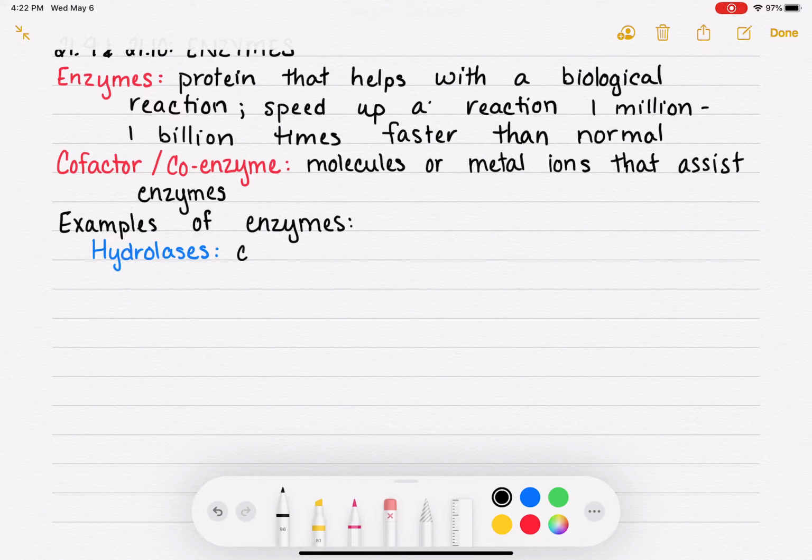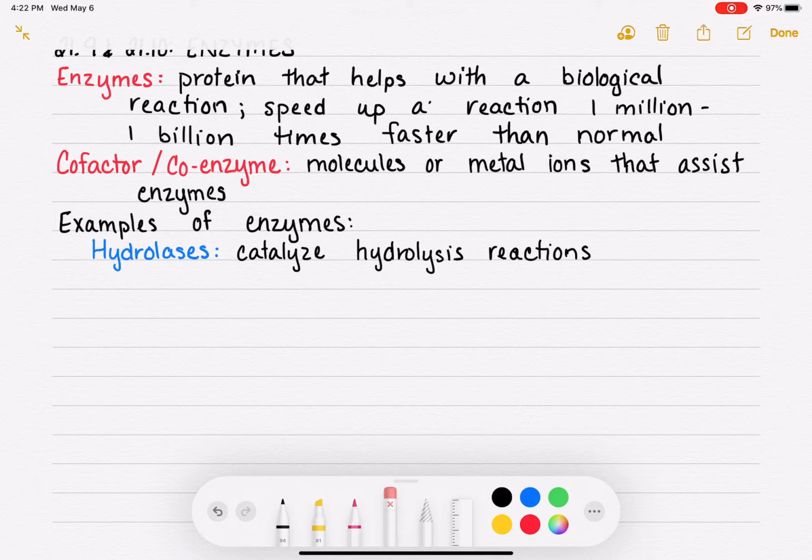Hydrolases are enzymes that catalyze hydrolysis reactions, like the hydrolysis of a protein, or the hydrolysis of a disaccharide, or the hydrolysis of a triacylglycerol. There's a variety of different hydrolases. They're all made to catalyze a particular molecule.